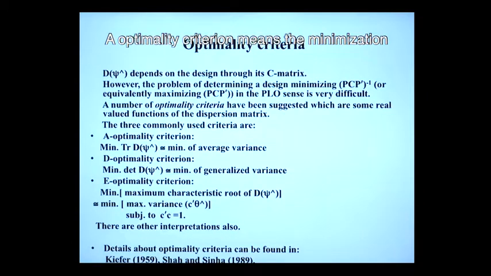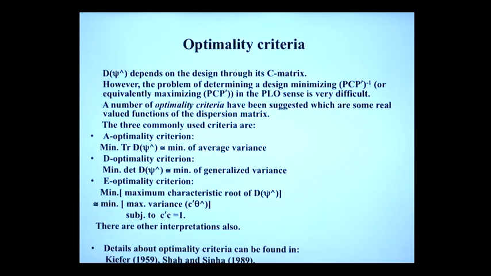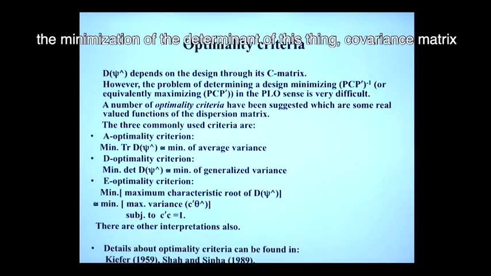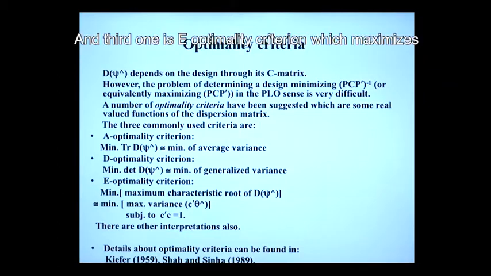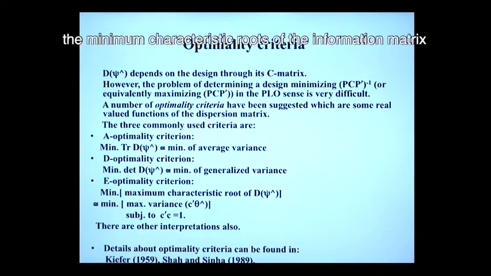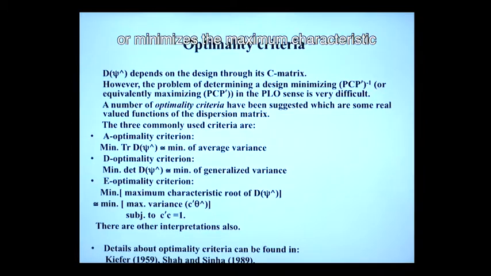A optimality criteria means the minimization of the trace of the dispersion matrix, D optimality criteria, the minimization of the determinant of this covariance matrix, and the third one is E optimality criteria, which maximizes the minimum characteristic root of the information matrix or minimizes the maximum characteristic root of the dispersion matrix.